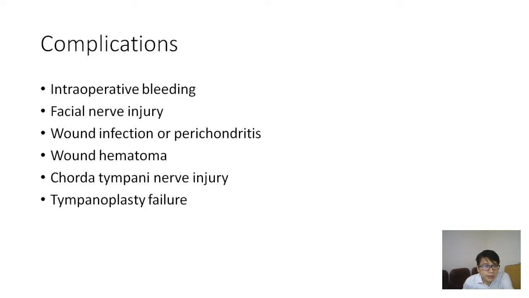The chorda tympani is very close to the annulus, so we can injure the chorda tympani nerve. Even if it is injured in chronic CSOM, the patient doesn't complain much of taste problems, but some patients may come with altered taste sensations. And last but not least, like any surgery, there is some risk of failure.